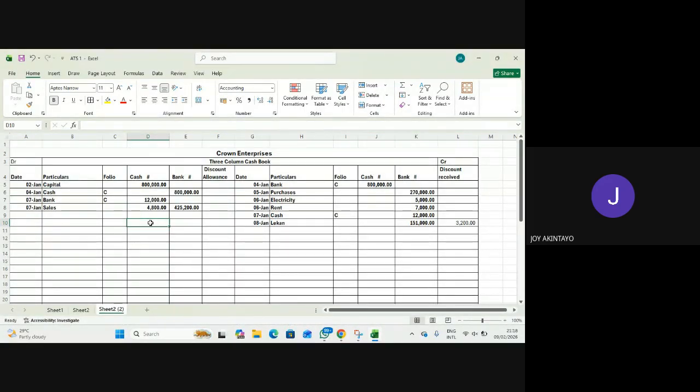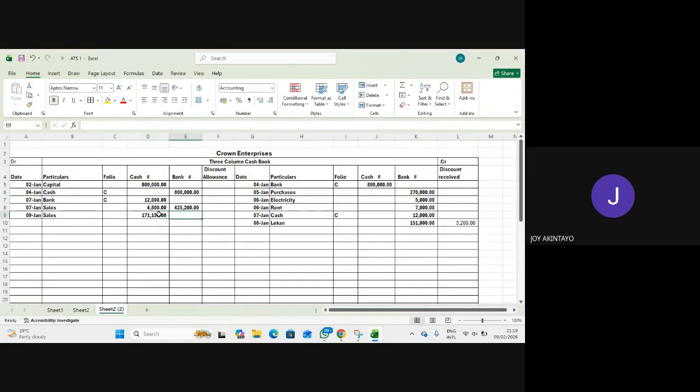Debit. It will be under the debit side. What's the date? 9th January, 9/1. So we make it our sales under the cash. We receive this by cash. That's 171,150.